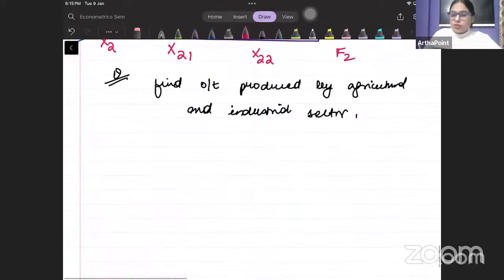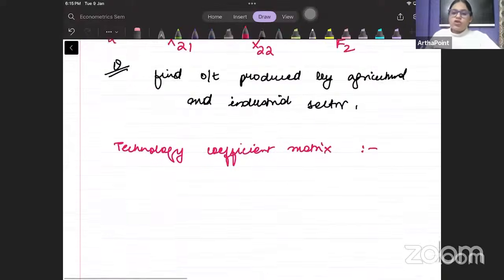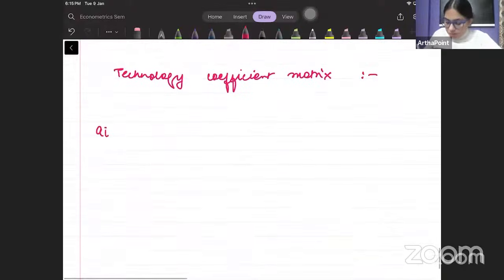Now first of all, what do we need to make? We need to make the technology coefficient matrix, meaning we need to form that A. What is our technology coefficient matrix? It is of the form Aij, where Aij can be defined as Xij by Xj.